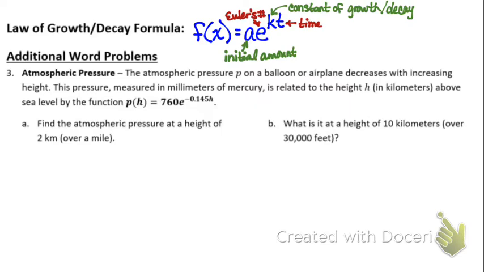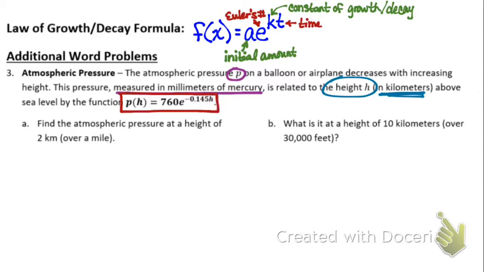All right, so let's read through this word problem. Atmospheric pressure. The atmospheric pressure, P, on a balloon or airplane decreases with increasing height. The pressure, measured in millimeters of mercury, is related to the height, h, measured in kilometers, above sea level by this function right here.